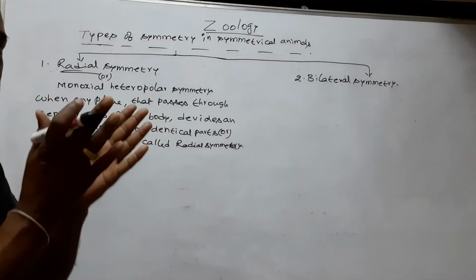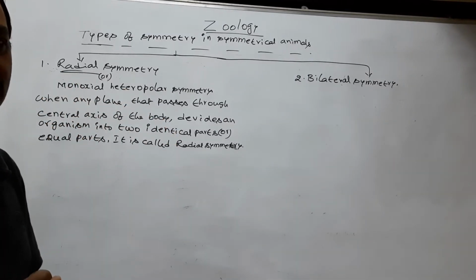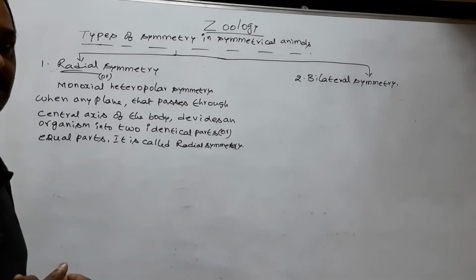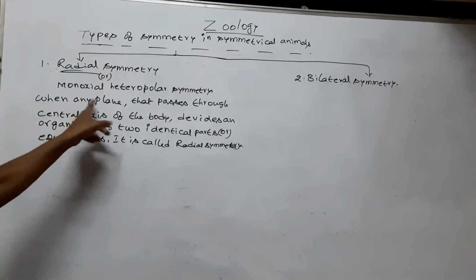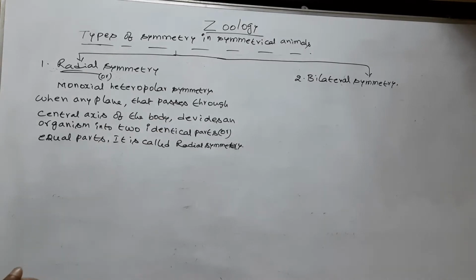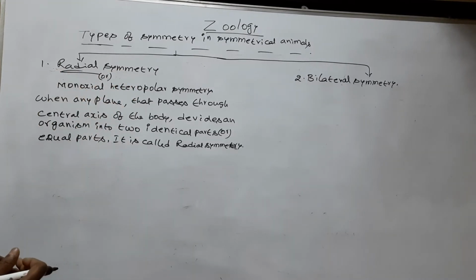So the animal is cut into two equal or identical parts by any plane that passes through the central axis of the body. This type of symmetry is called radial symmetry.